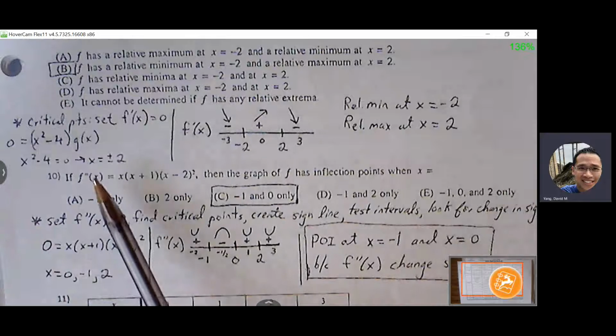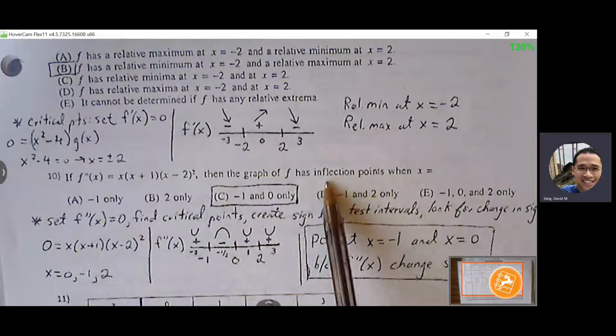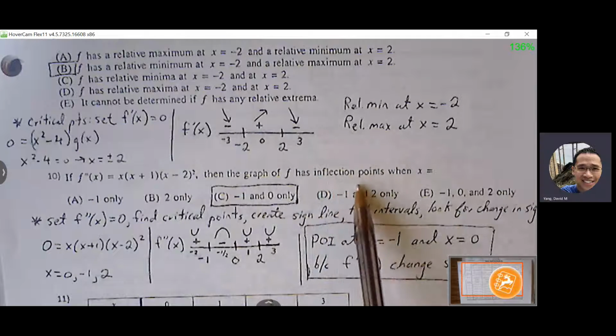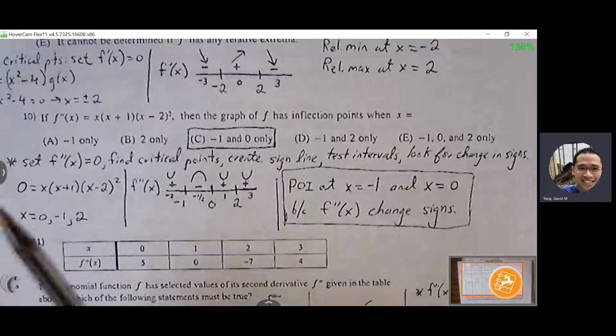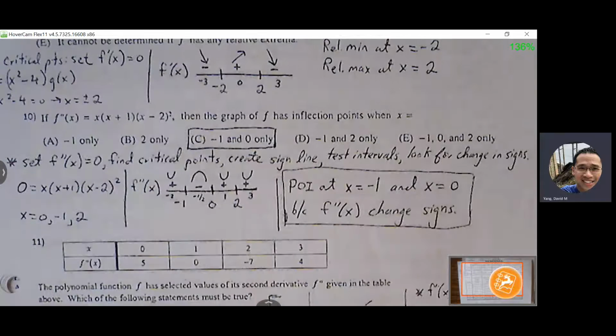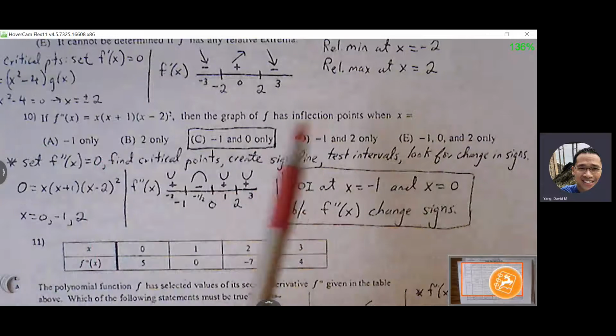Okay, number 10. Second derivative is given. Inflection points. Okay, we know inflection points come from the second derivative, and we set the second derivative equal to 0. But this is where I want to make sure we go far enough into the problem. This is the easy mistake that I see students make: students understand that inflection points come from the second derivative.